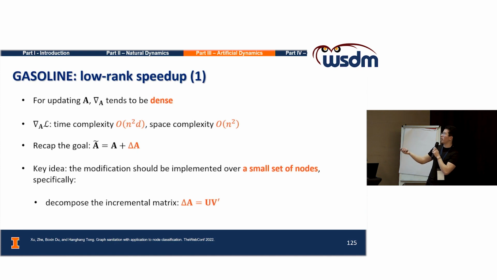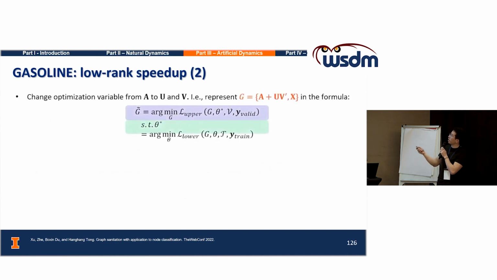So the key idea is that this modification could be implemented over a small set of nodes. For example, we can decompose the incremental matrix into the multiplication of two low-rank matrices, U and V. And we can directly learn the decomposed matrices U and V instead of learning the modification to the adjacency matrix.